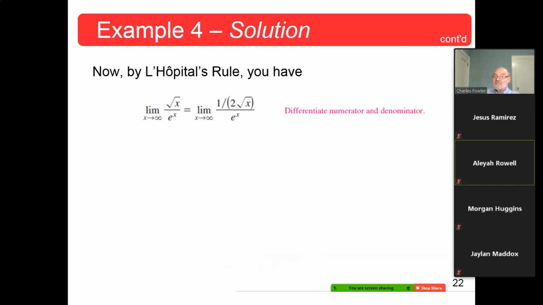So then let's do L'Hopital's rule, which they write slightly differently. I said that you did 1/2 over the square root of x. 1/2 x to the minus 1/2 over e to the x. And when they rewrote that, the 2 is in the denominator, radical x is in the denominator, and e to the x is in the denominator.